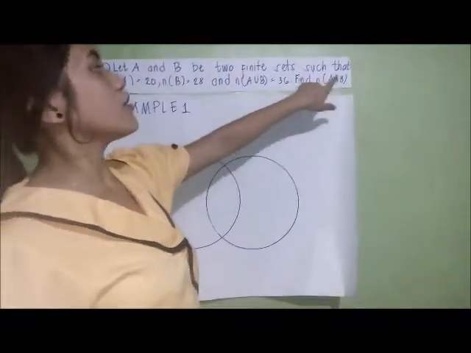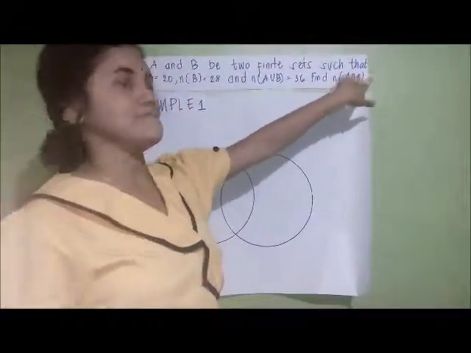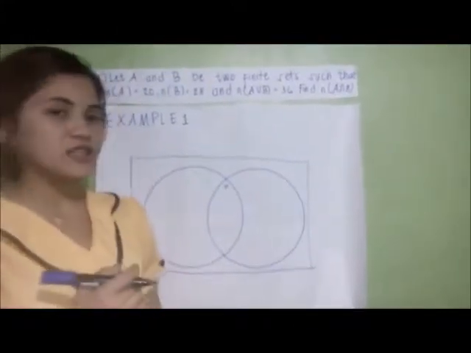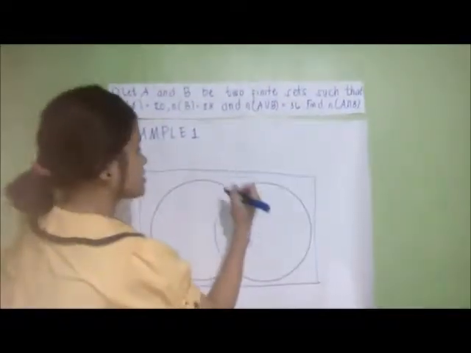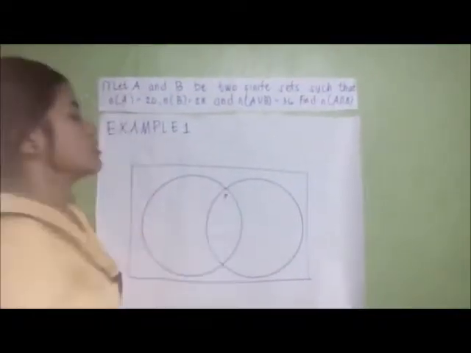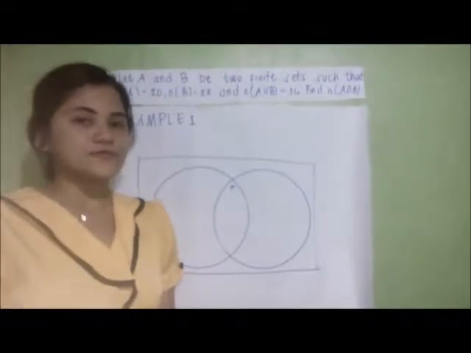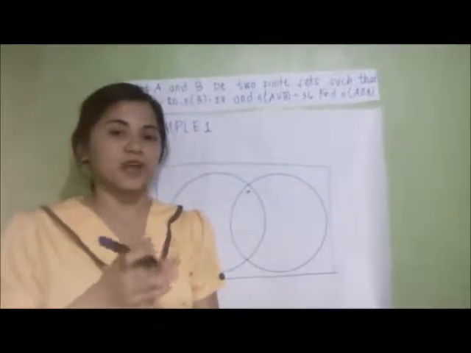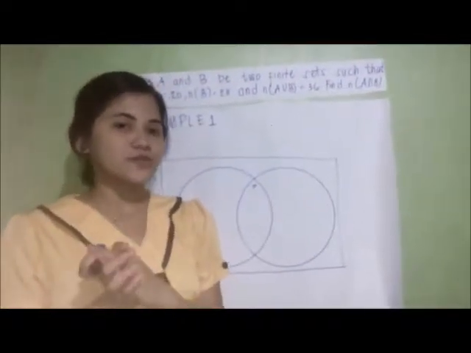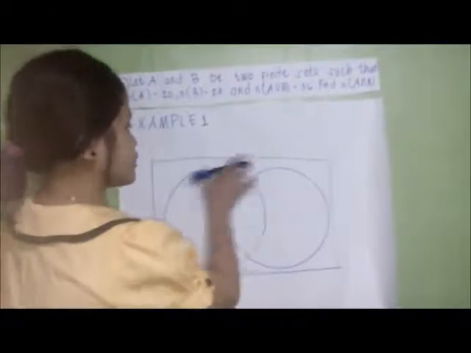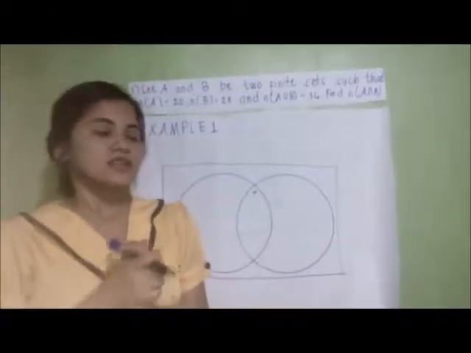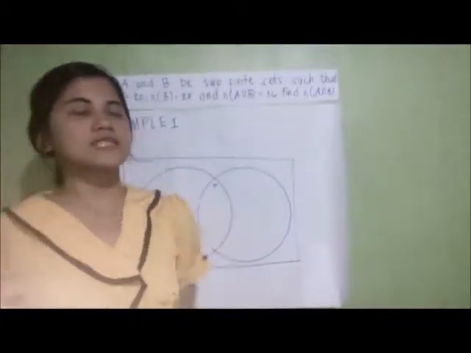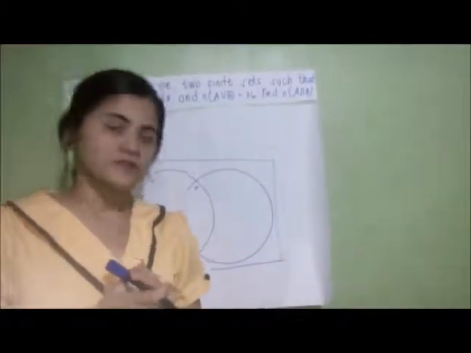Find n of the intersection of A and B. So we're going to find the intersection of set A and set B. In order to get it, let's apply the steps. Step 1, of course, analyze the problem. Second, I'll represent each set by a variable.